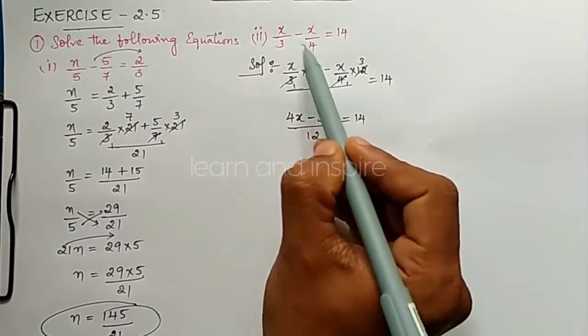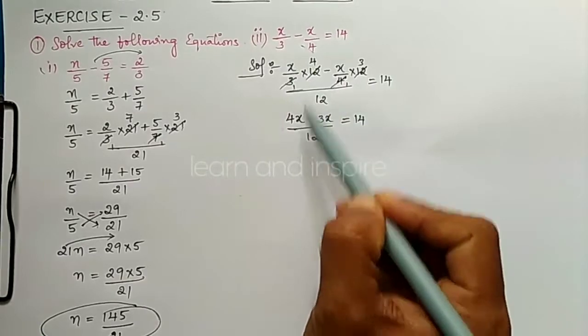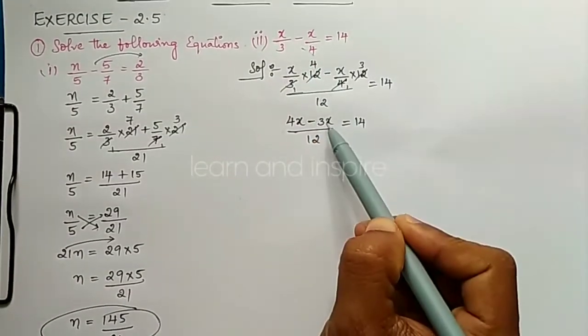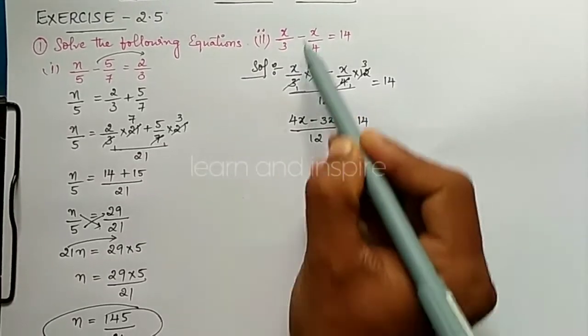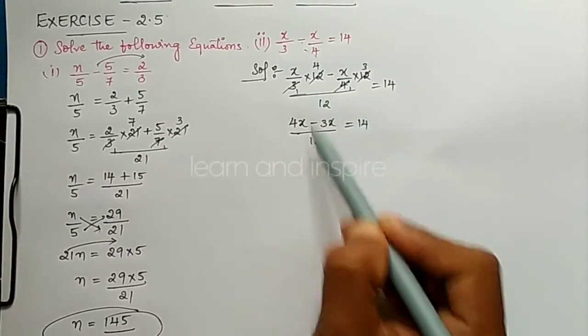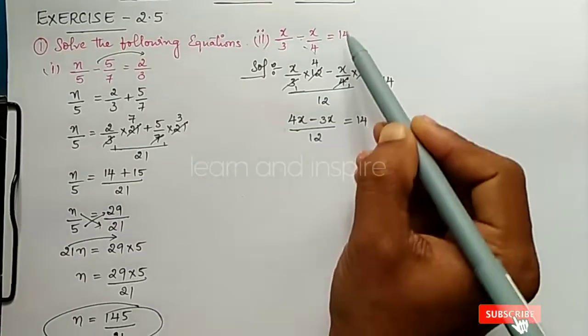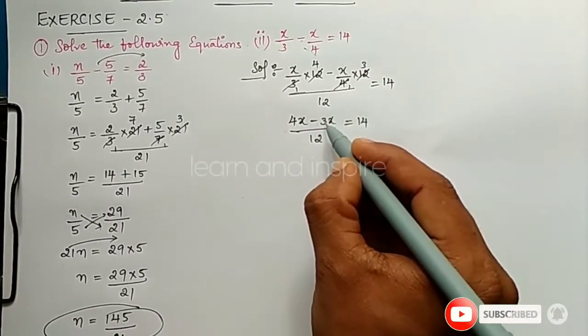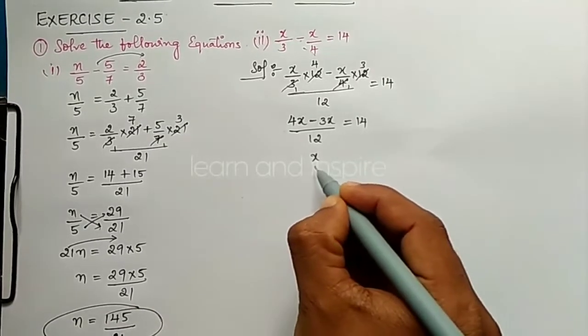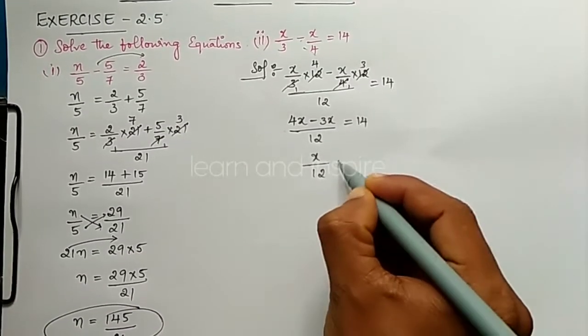Or else you can cross multiply directly without taking the LCM: 4x minus 3x divided by the LCM 12, equal to 14. Now 4x minus 3x is how much? 1x, or x. x by 12 is equal to 14.